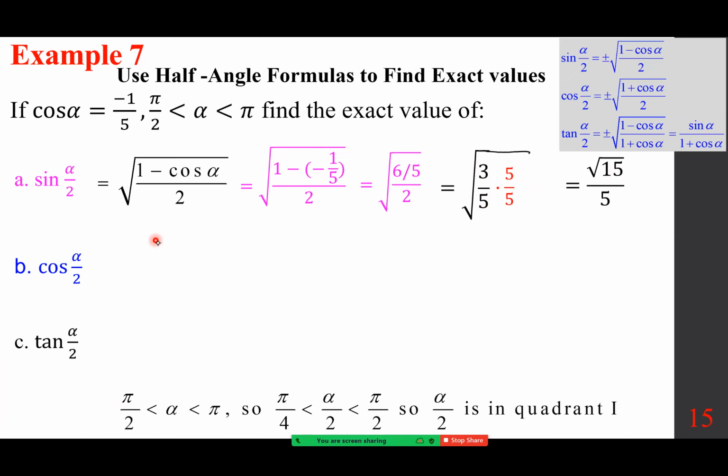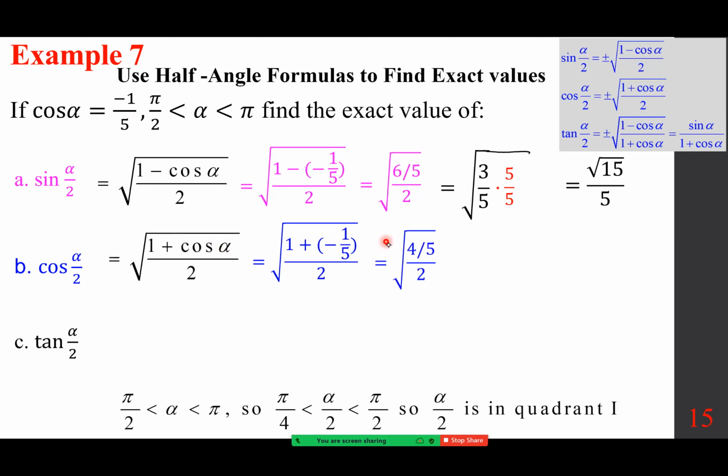For cosine, I'm going to use the square root of 1 plus cosine alpha divided by 2. And I'm going to replace it accordingly. Now 1 with negative 1/5 is a 4/5. If I divide it by 2, I get 2/5.